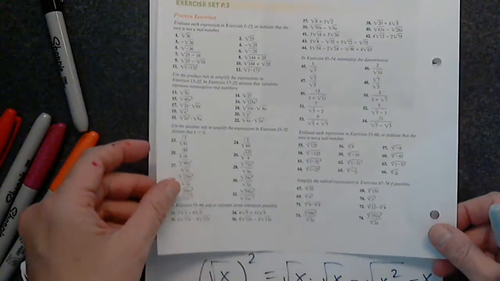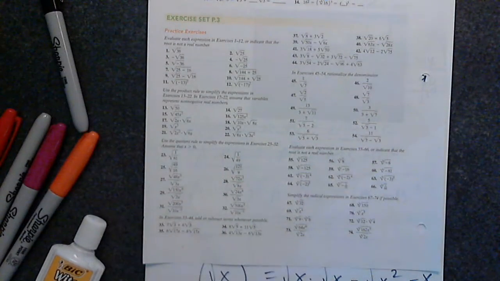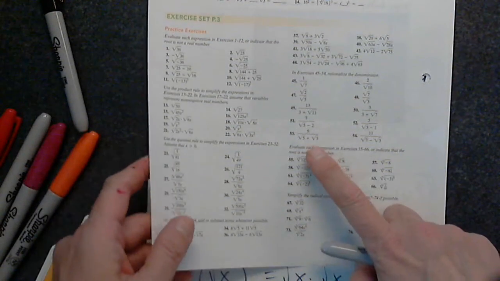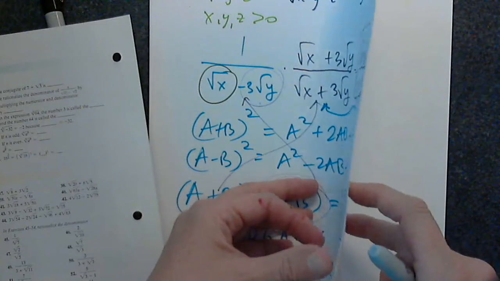So please choose, or I will. These are numerical ones. Okay, I will choose, let's say, 53. 53 on 48.